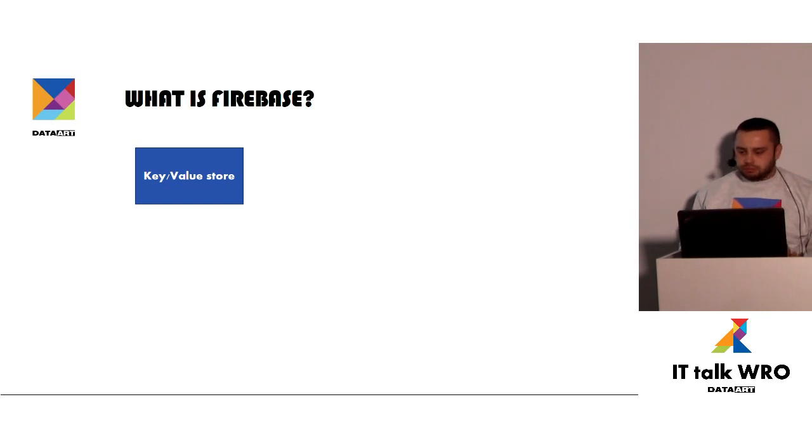So NoSQL is better than relational databases, and Firebase uses NoSQL. It's the structure of Firebase and how the data is organized on Firebase. It's similar to Redis. It's key value. So for every single piece of information, you have a unique key, and you have data attached to this key.